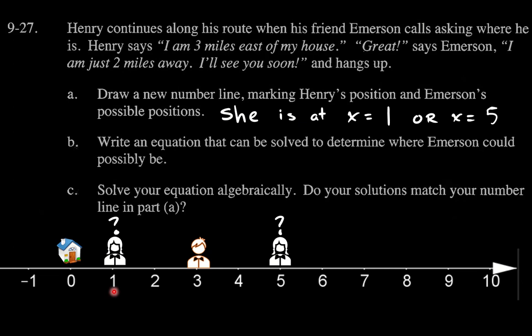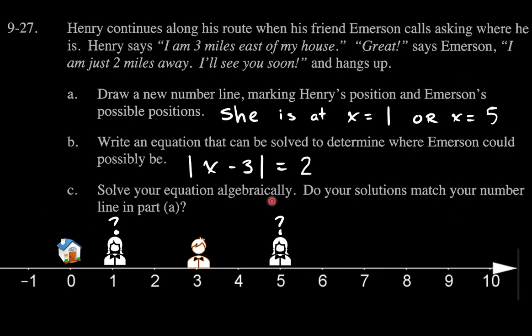So I'm going to say the difference between her location and his is 2. And it's above or below that, so that's why I'm going to encase this with the absolute value. This has a subtraction right here. So the difference between her location and Henry's location is 2 units away. The absolute value of x minus 3 is 2.